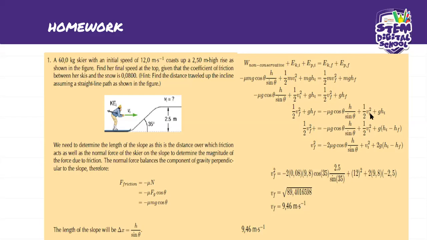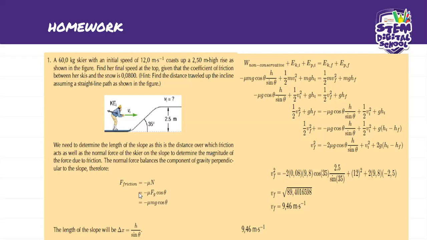Now you're going to break them down accordingly, because remember now our triangle X is equal to H over sine theta, so we also have to have that as well.